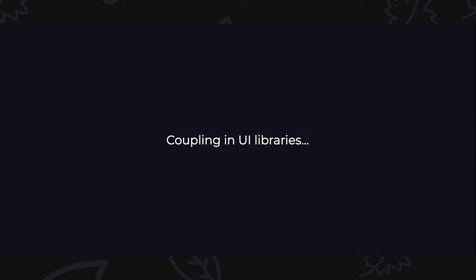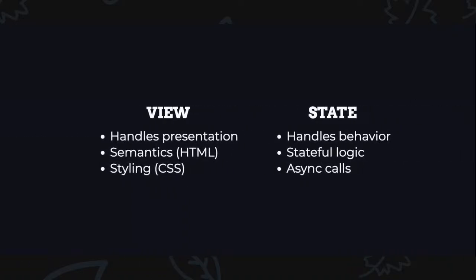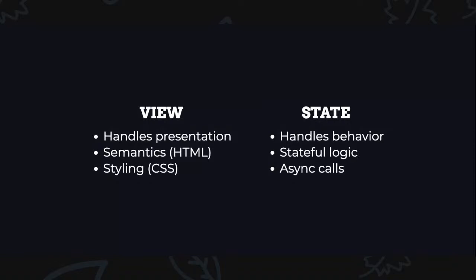So talking about coupling in front-end development nowadays, we can think of it as having two main acting parts or layers. The view or our components, where we handle presentation, so things like semantics, structure, and style. And then there is also the state, where we handle stateful logic, things like async calls, etc.